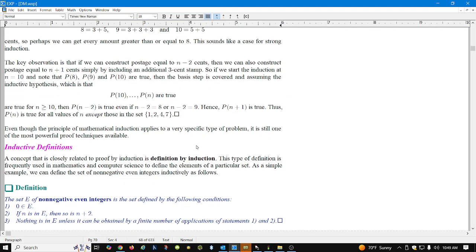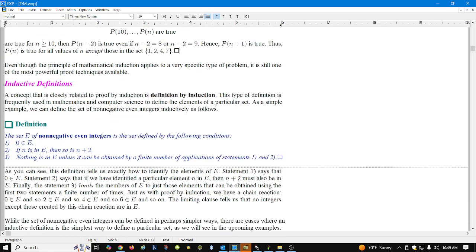The principle of mathematical induction is very specialized, but it's kind of amazing how powerful it is and how often it is used. So it's one of the most important proof techniques there is.